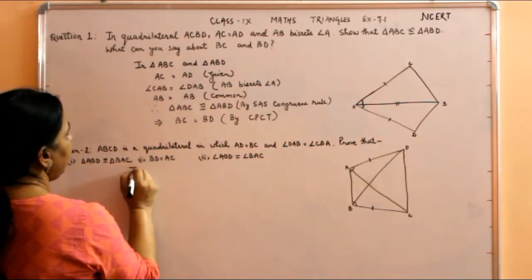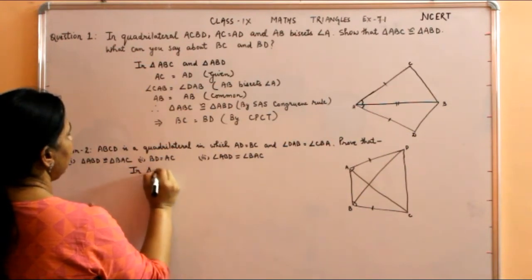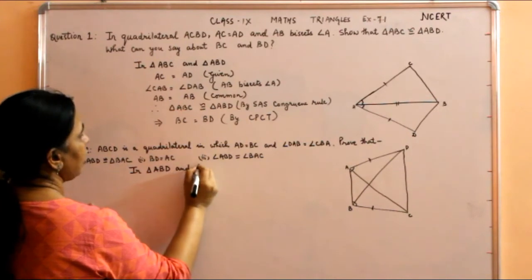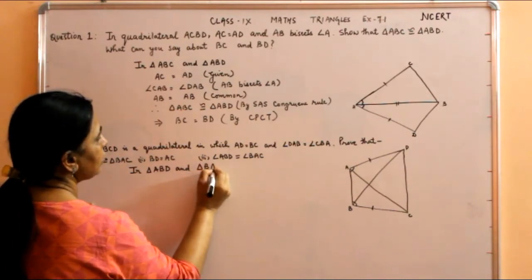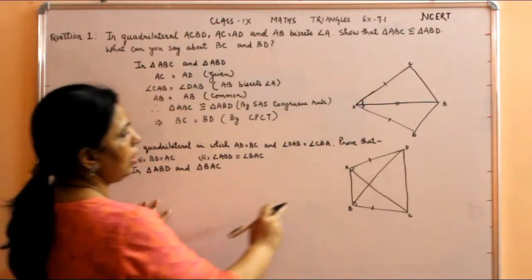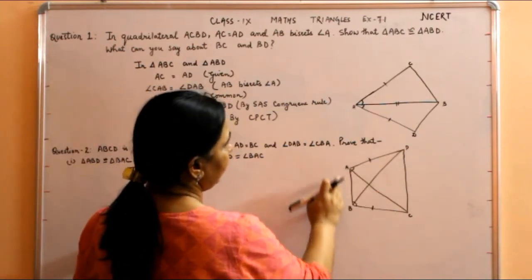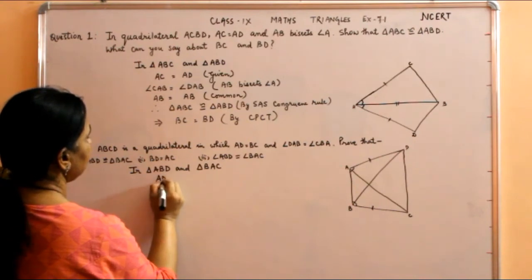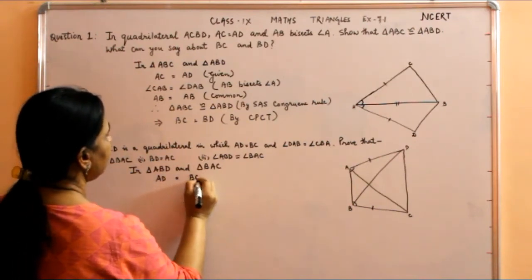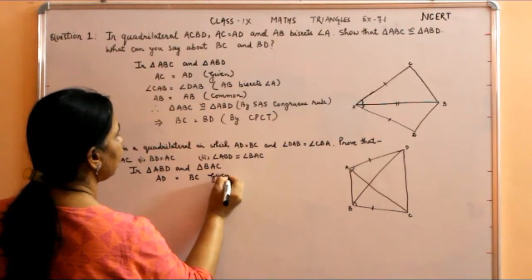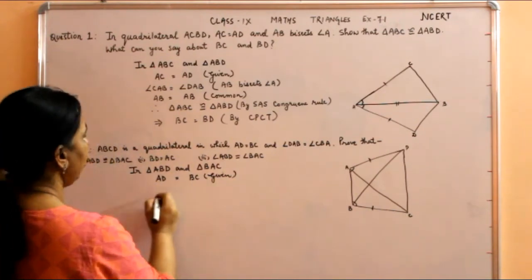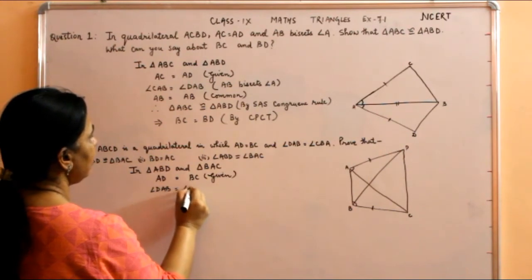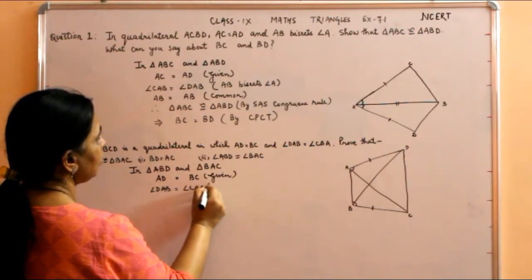So we will say in triangle ABD and triangle BAC, AD is equal to BC. It is given. Angle DAB is equal to angle CBA. This is also given.